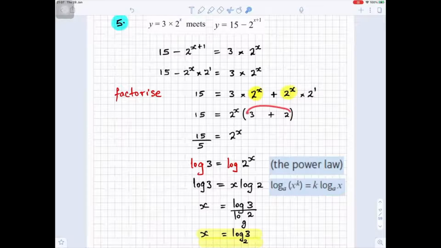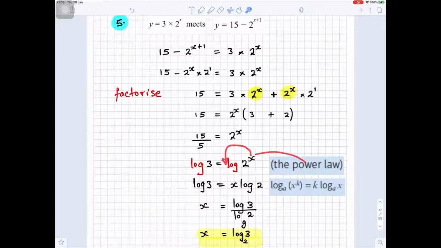It's times 5 now. We take the times 5 to the left. It becomes divide by 5. 15 divided by 5 is 3, and 2^x is left on the right. To solve this, we have to take logs. We put log in front on the left and put log on the right. So log 3 equals x log 2. The x comes in front, the power law.